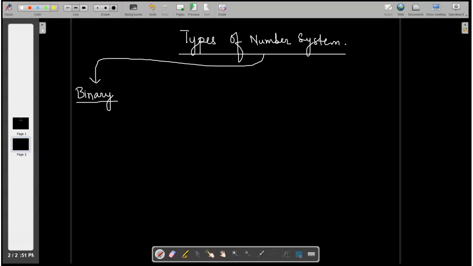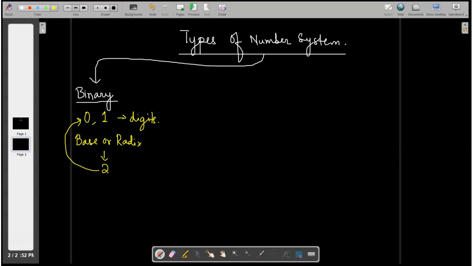How many digits? Two digits, that is 0 and 1. These are the two digits in the binary number system, and that is why the base or radix of a binary number system is 2. Why? Because it has two digits.